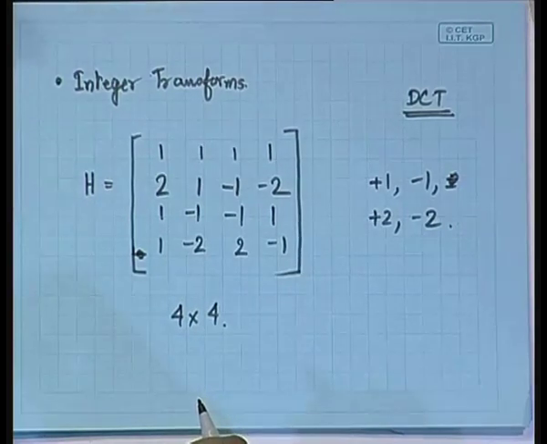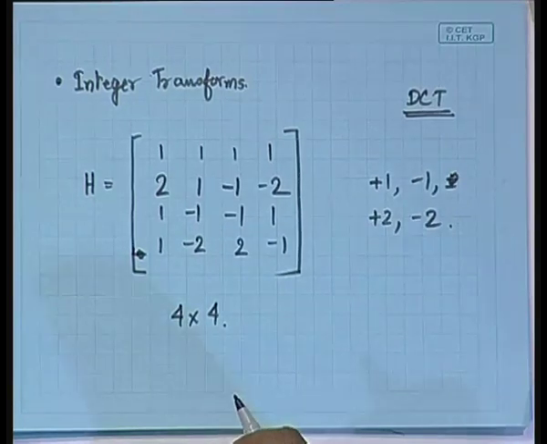What is the advantage? The advantage is in the hardware implementation. Multiplication by +1 is a trivial multiplication. Whatever value is there, you are retaining the same value. Multiplication by -1 means complementing the sign, just taking the complement of that. Multiplying by 2 means that you are making a shift by one position.